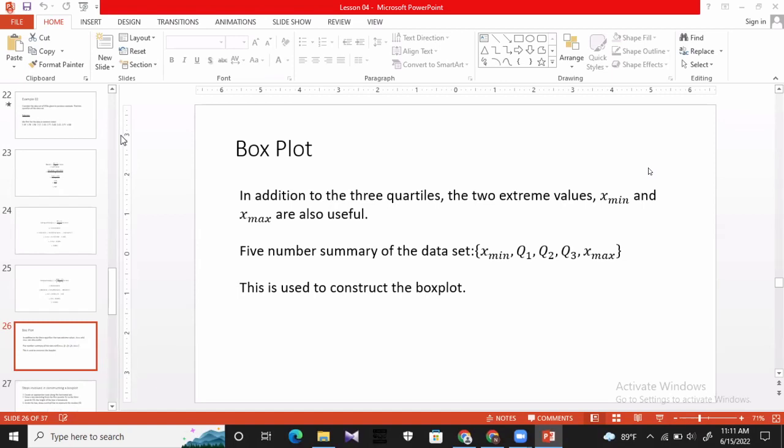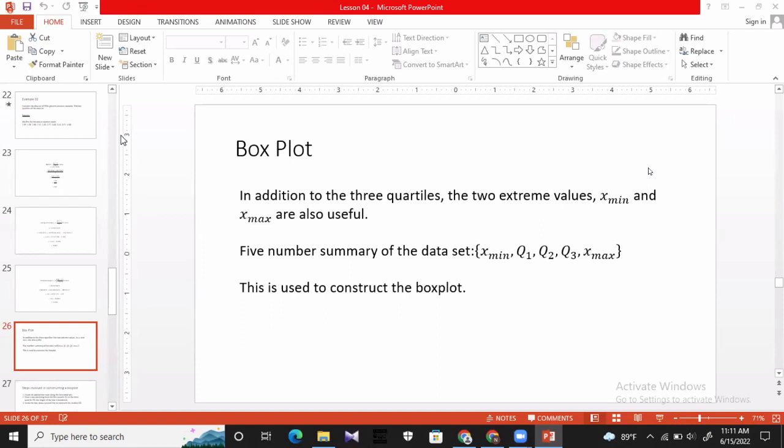There are some measures we use to measure the variability of a data set, like range, variance, standard deviation. Likewise, we have a lot of measures of variability. And last week we discussed how to find quartiles.